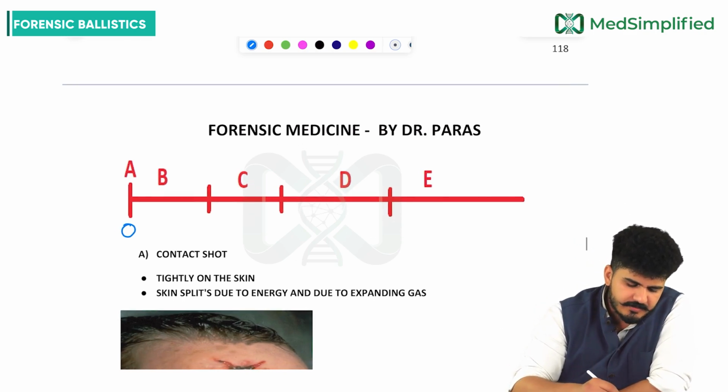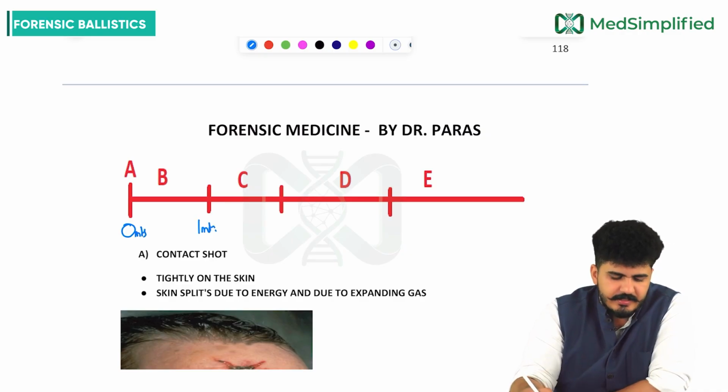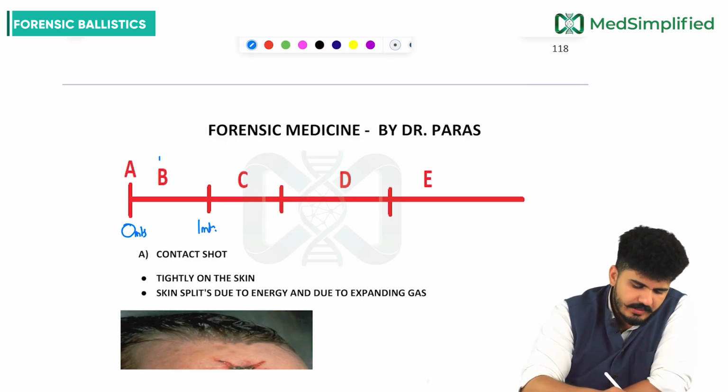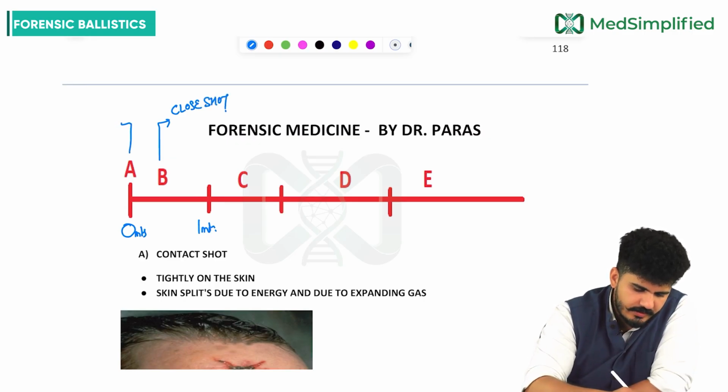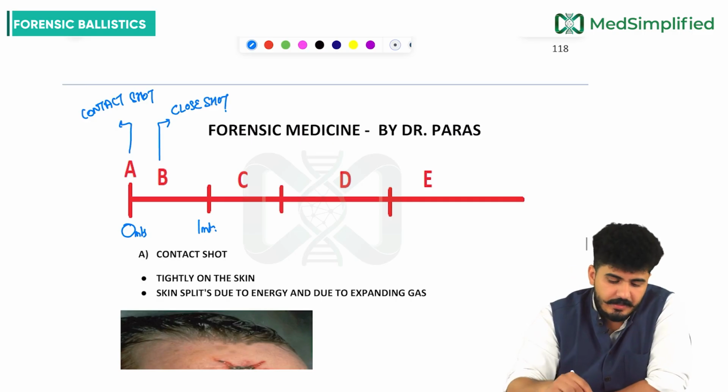And then if it is between 0 meter to 1 meter, this is called B, and B is called close shot. Close shot. This A is called contact shot. Two shots are clear.